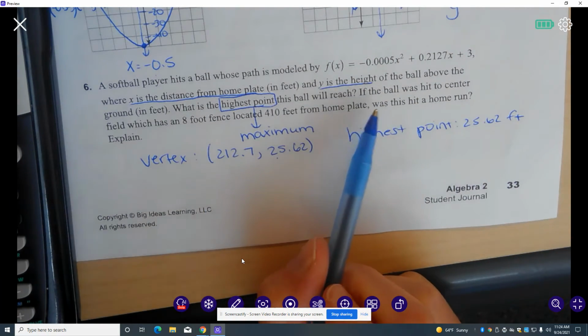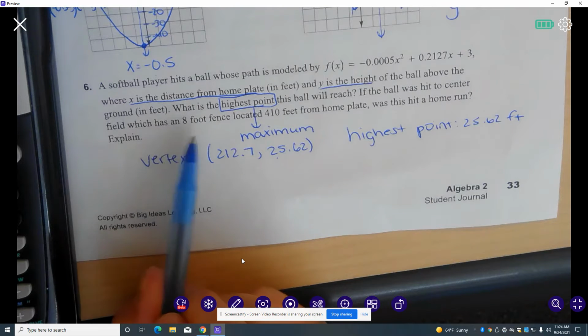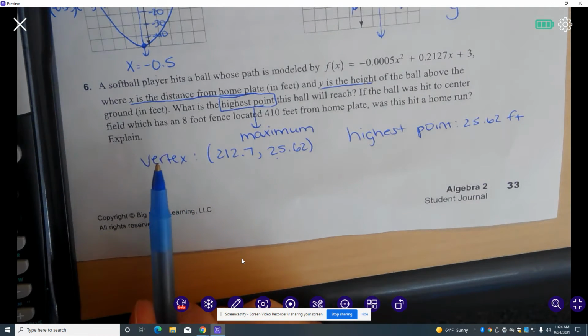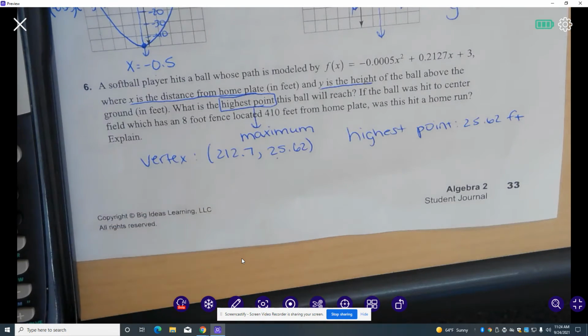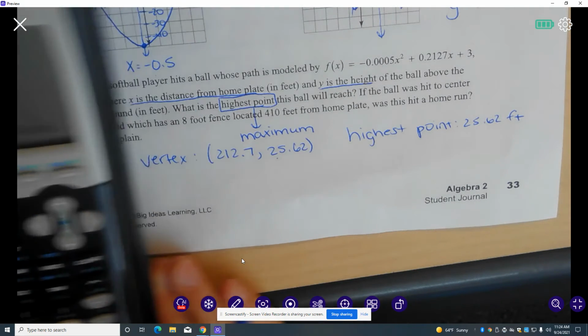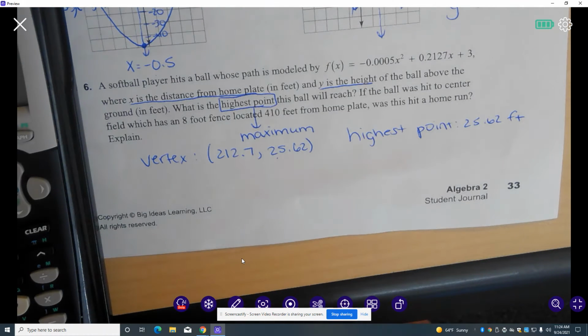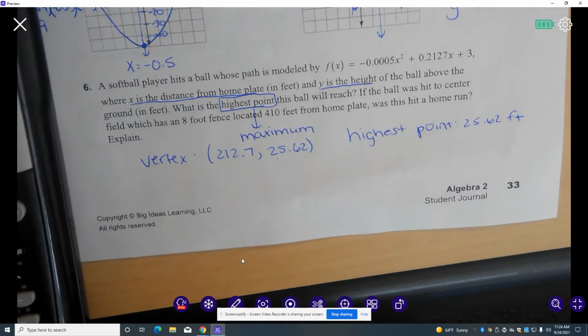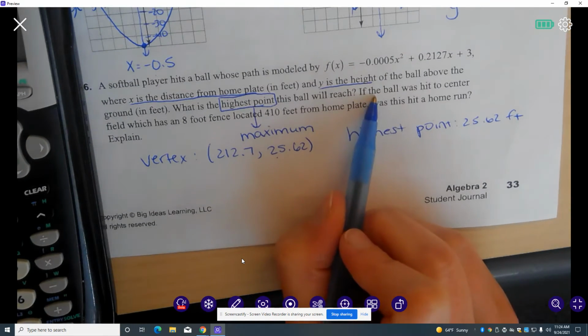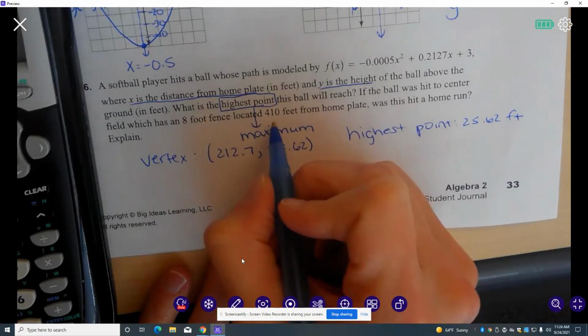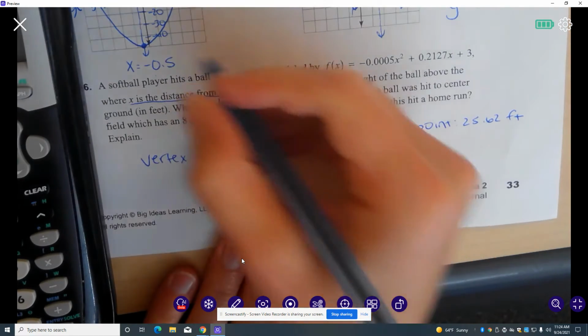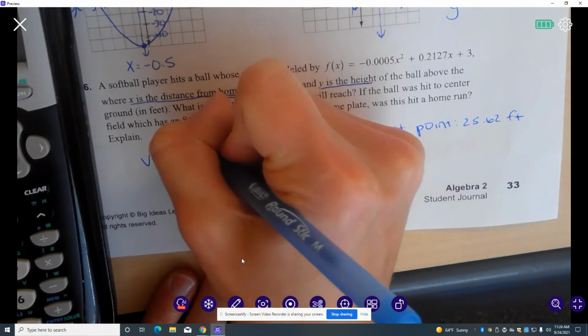Now they want me to know if the ball was hit to center field, which has an 8-foot fence located 410 feet from home plate, was this hit a home run? They want us to figure out if it's going to make it past that 410-foot distance to become a home run. So what we're actually interested in is, what is the distance from home plate if the height of this ball is 8?